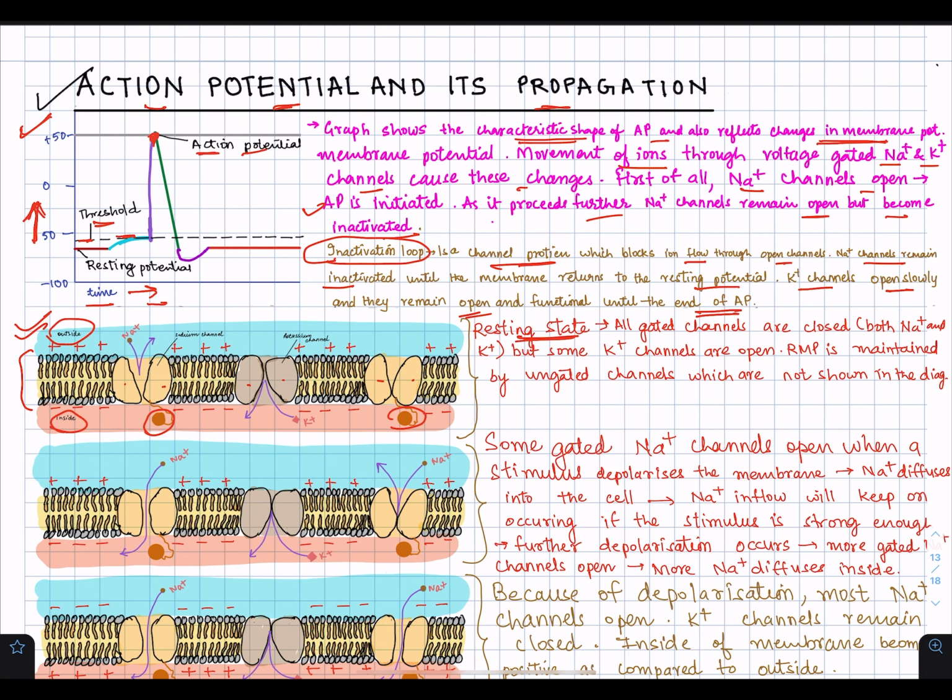While the membrane is in a resting state, we all know that the outside of the membrane is positively charged and the inside is negatively charged when there is no stimulus. At this point, all gated channels are closed. Both sodium and potassium are closed, but some potassium channels are open. Resting membrane potential is maintained by ungated channels and they are not shown in the diagram.